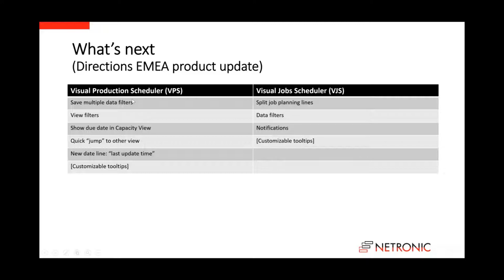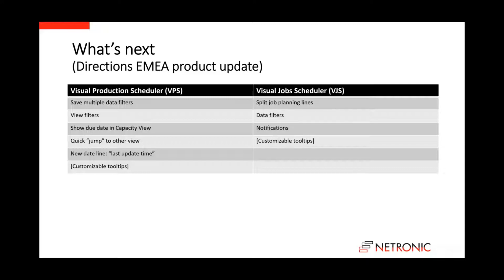With the Visual Production Scheduler, we have the capability to save multiple data filters. We work on the view filters. We will work on showing the due date in the capacity view. We want to have a function where we can quickly jump from one view into the other. So you are in the production order view, you select the production order, and then you say show in capacity view, and then it opens the capacity view and scrolls to that production order and highlights it.